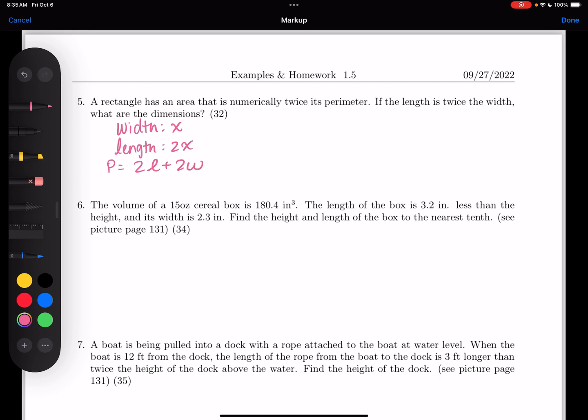Okay. So then we would plug in x and 2x for width and length. So this would be 2 times 2x plus 2 times x. So we would have 4x plus 2x, which is 6x. So this would be my perimeter here, is the 6x value.